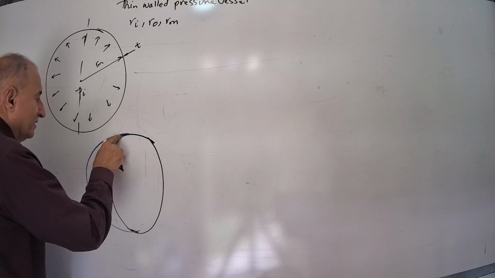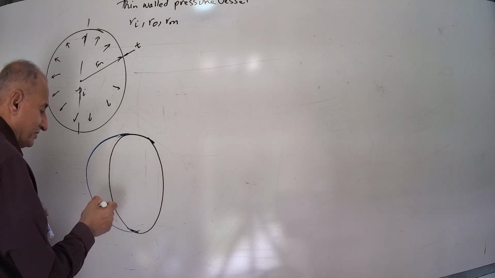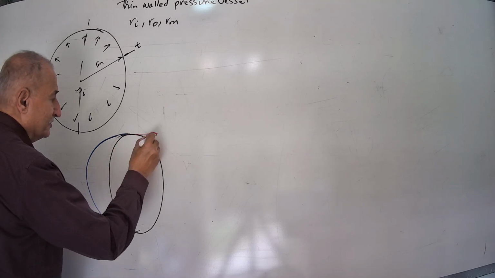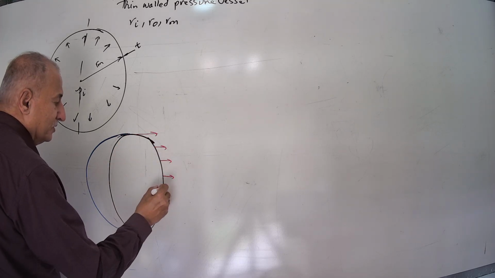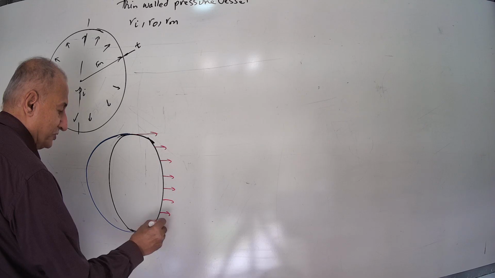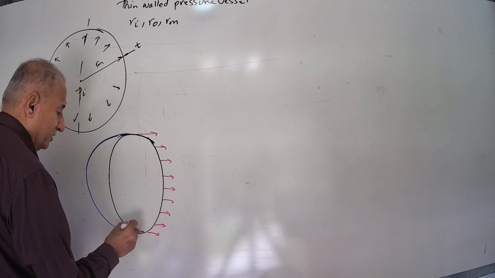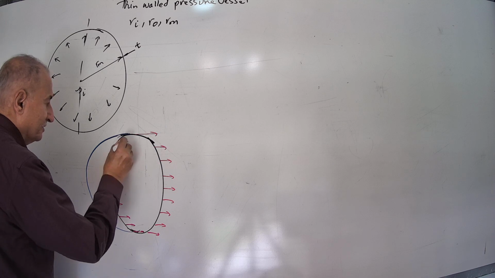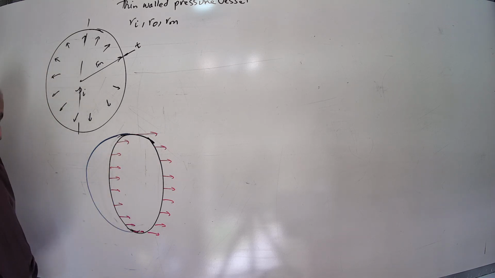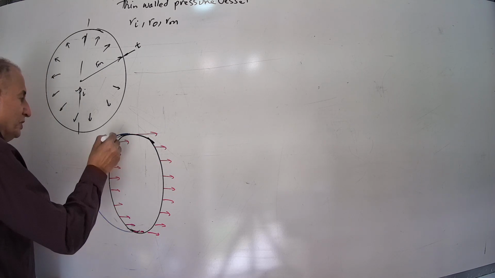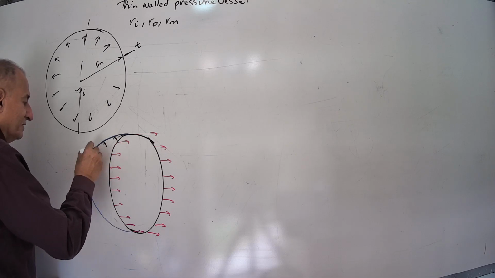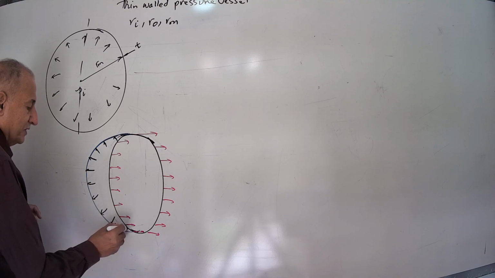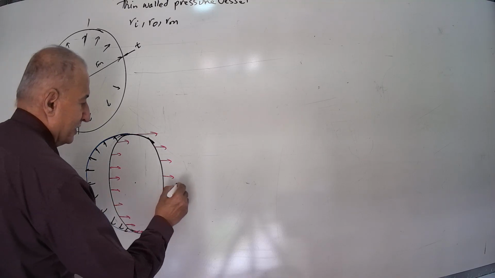At the edge where we cut it, a tensile stress is applied in the direction normal to the plane of the cut section, and all these stresses are due to the internal pressure inside the spherical shape.